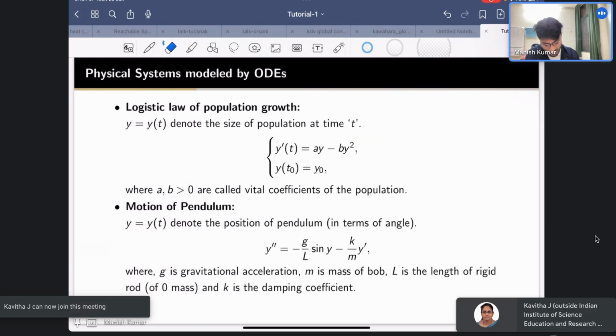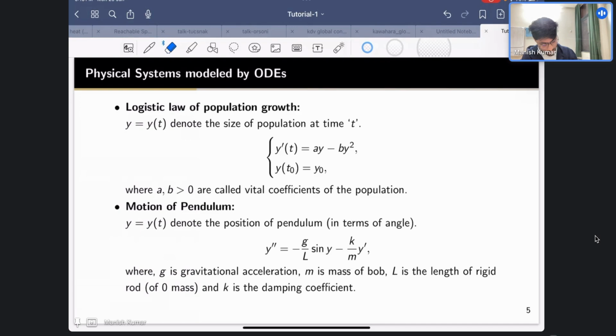Another example is the motion of a pendulum that you must have already seen in your physics course and in this course as well. This is a second order differential equation, right?